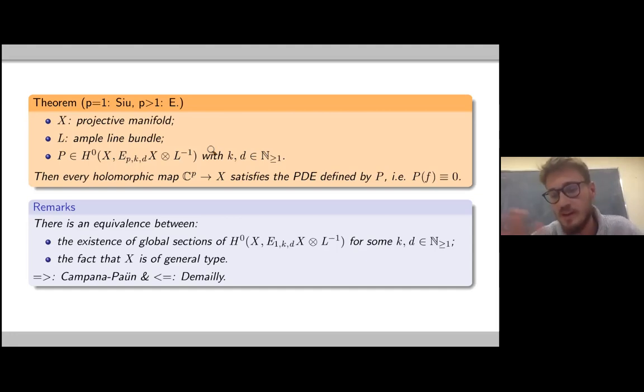There is a dictionary. I know it exists, I know a few cases, but this is not my area of expertise. But there is definitely an arithmetic analog of that. Yes. Okay. Thank you.